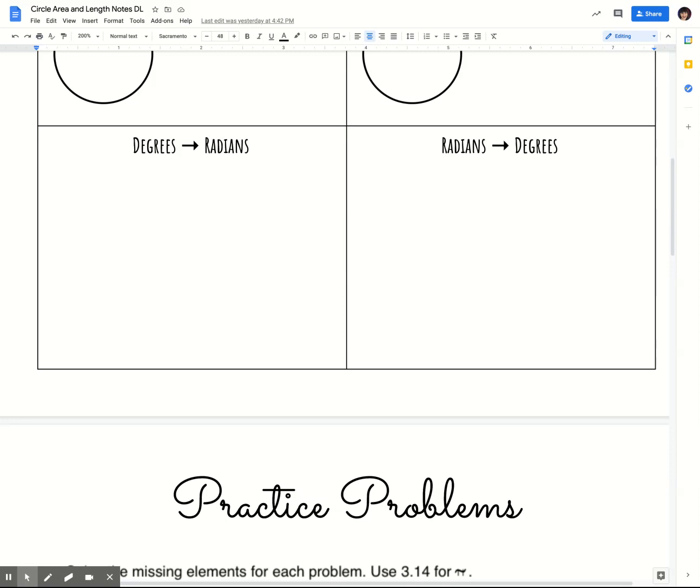Just like any distance that you could walk or run or drive, angles can be measured using more than one unit. A distance can be measured in feet, centimeters, yards, miles, meters.